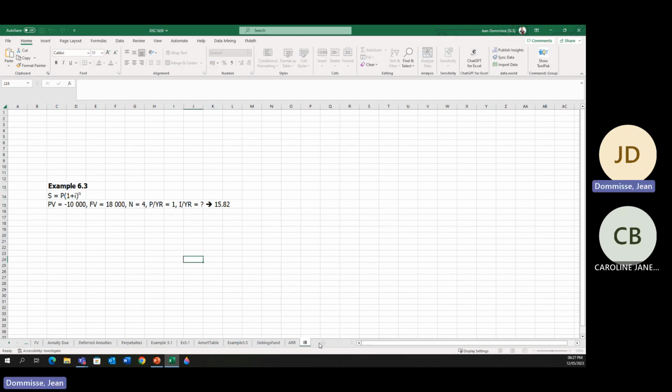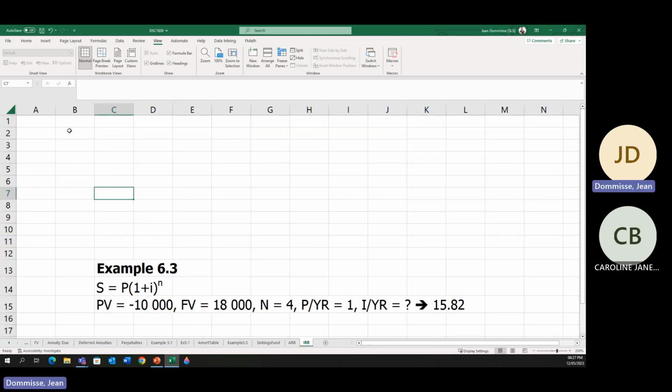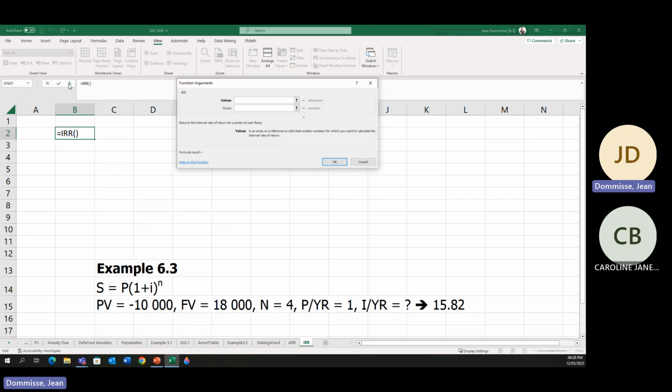So internal rate of return. Let's just again make it bigger. I haven't worked in a while with internal rate of return, so let's see what is needed.